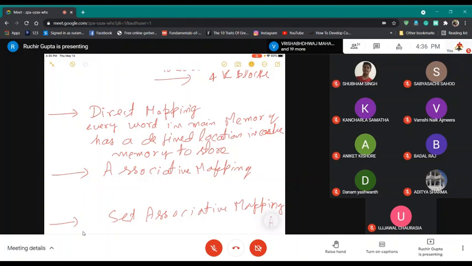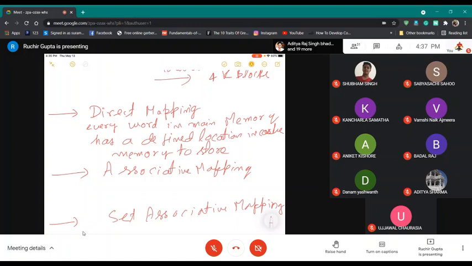So that means every location in the cache has got a fixed number of blocks that may be stored there. Of course, that location is one only. So out of these, any of those will be stored. And if more than one comes, then we have to decide which one to store.